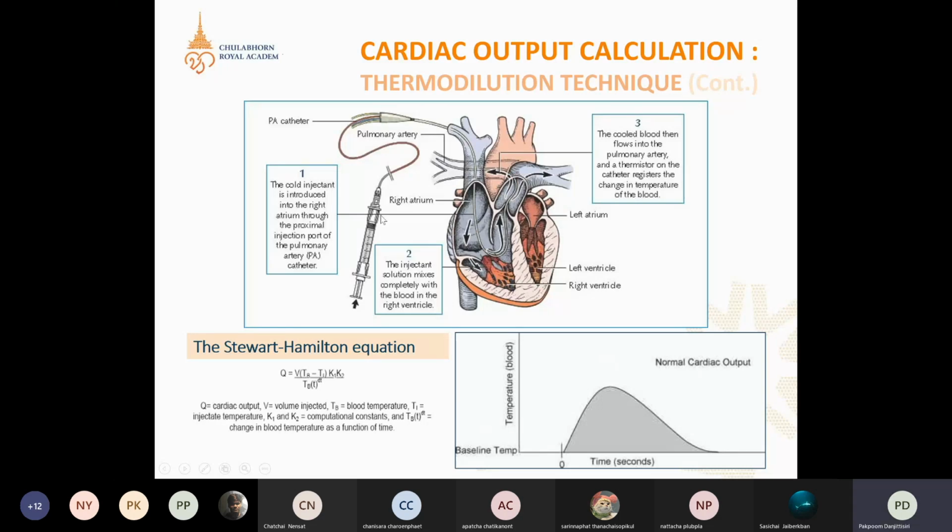So the doctor will use a 5 cc syringe to inject the cold injectant solution through the proximal port. So the cold injectant will go into the right atrium over here, and then the injectant will mix with the blood.